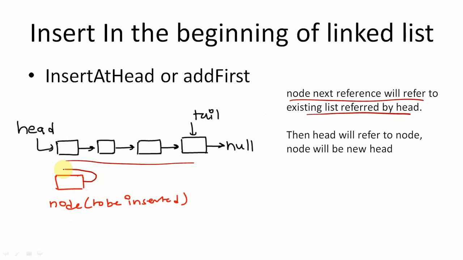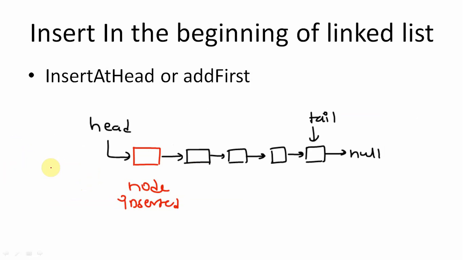Means you have to set this particular reference. Then what you have to do? You have to update the head. Now head is referring to the new node. The node is the new head of the linked list. See, the new node is inserted in the linked list, and the inserted node becomes the head of the linked list.